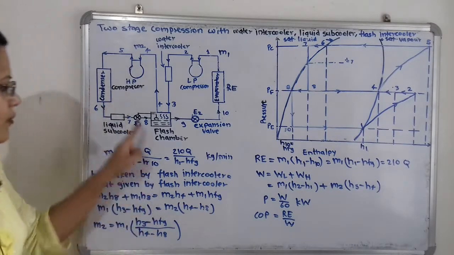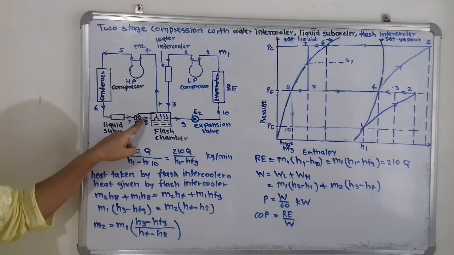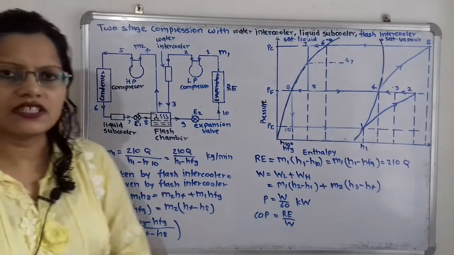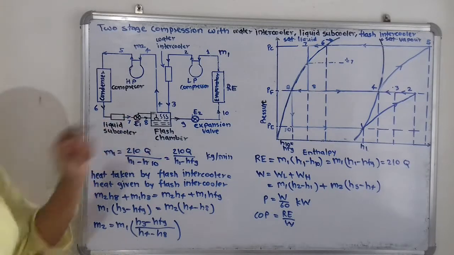Now again, if we observe, here is the flash chamber. So heat taken by this flash intercooler is equal to heat given by this flash intercooler, because this flash chamber is acting as an intercooler.